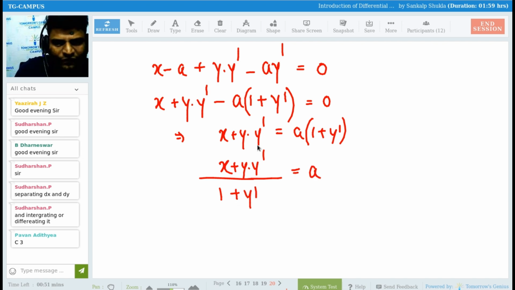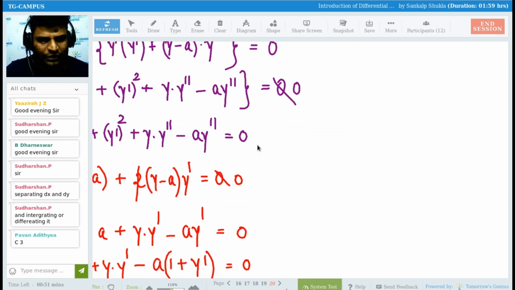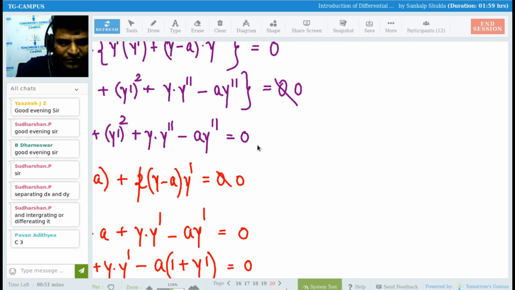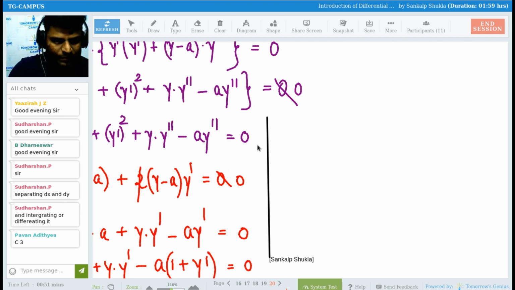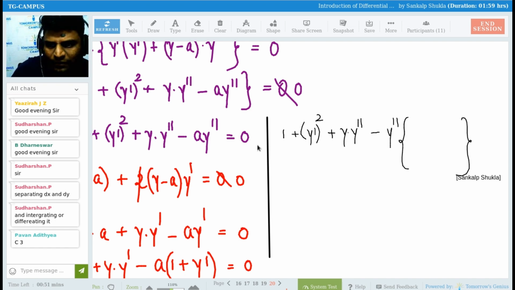From the first equation itself, we have obtained the value of a. Now we only have to replace this value of a in equation number 2. So what was equation number 2? As you can clearly see, it is 1 plus y dash whole square plus y into y dash, y double dash, minus y double dash times a.